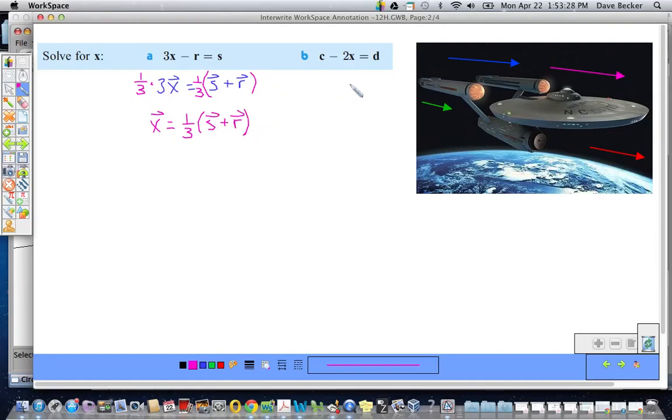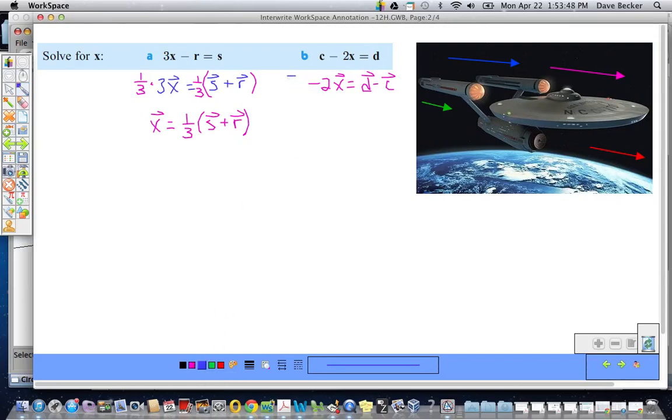Okay, let's do b. We get, let's see, negative 2x is equal to vector d minus vector c. Okay, and we're going to multiply both sides by negative 1/2.